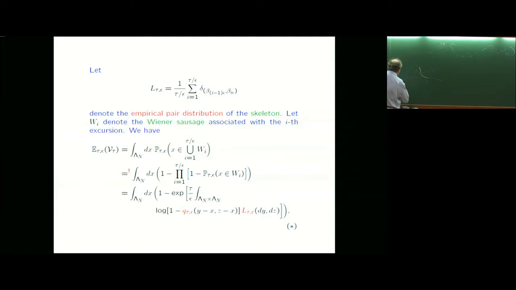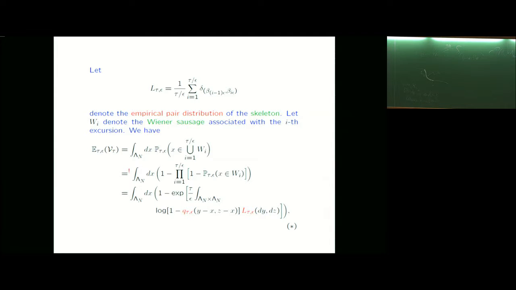So, given this whole skeleton, this is a Brownian bridge of length epsilon between the endpoints. And the endpoints are given once I have fixed my skeleton.